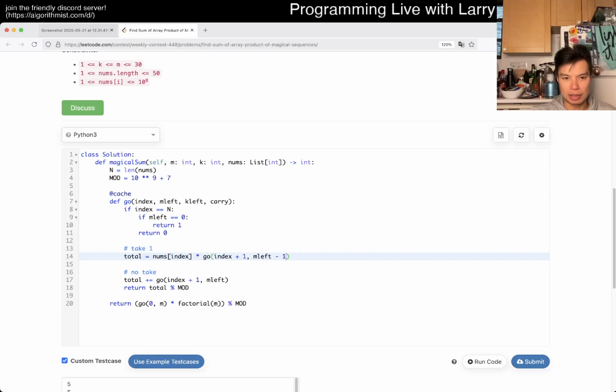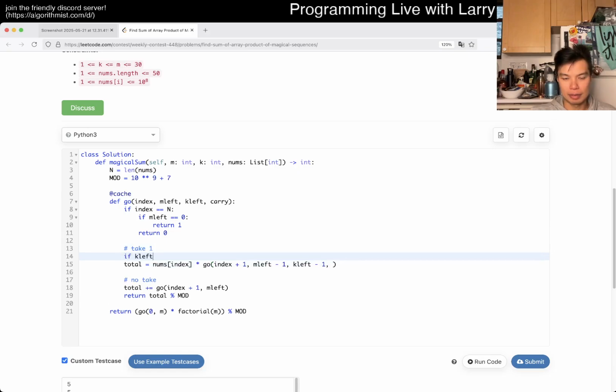So then, okay, we tick 1, then it's just K left minus 1, because now we know that there's a 1 in this bit. If K left is equal to 0, and then there's no carry, right? And we can definitely take more than 2, just to be clear. But so no tick should be the same.